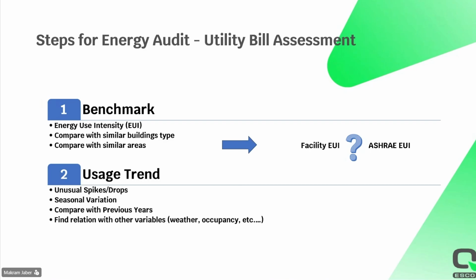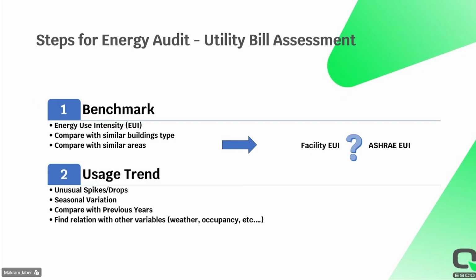First, we will calculate what is called the energy use intensity index. This is how much energy we are using per square meter of this facility. We have a facility of 10,000 square meters, and it is consuming 10 million kilowatt hours.